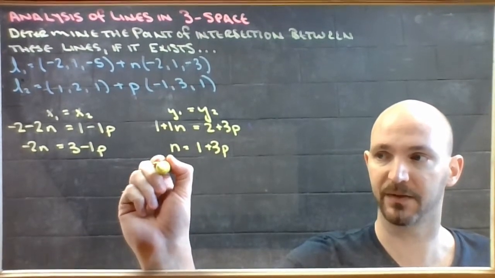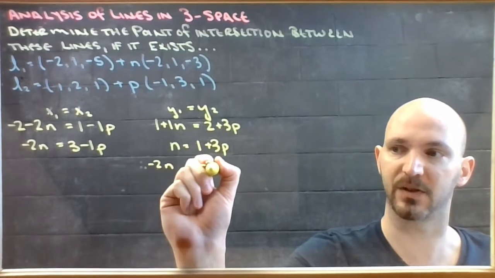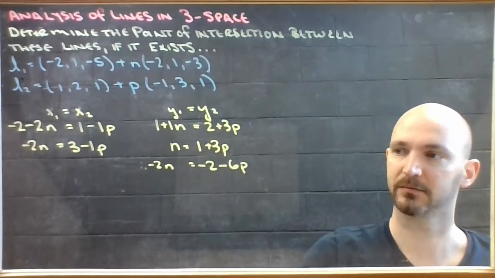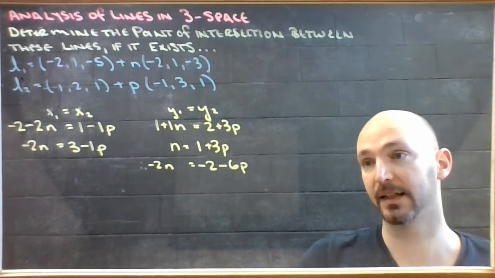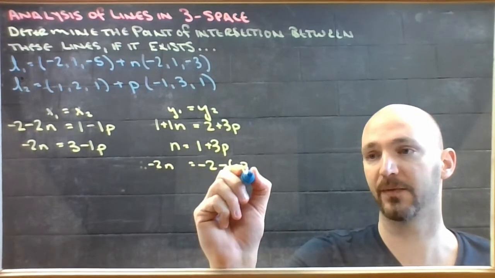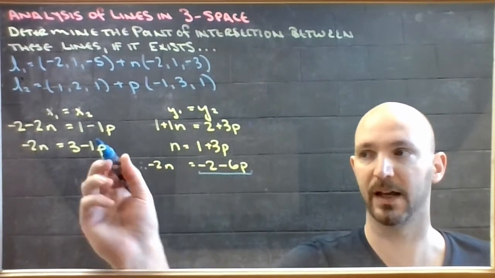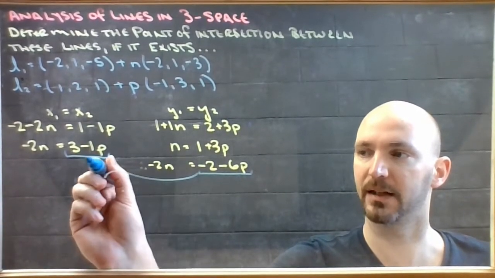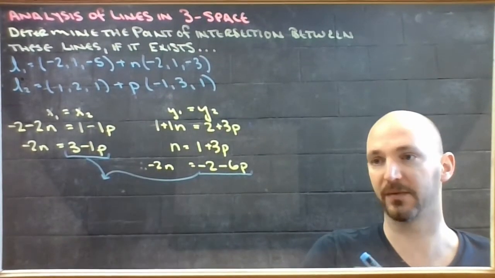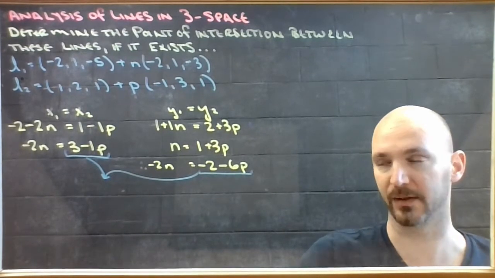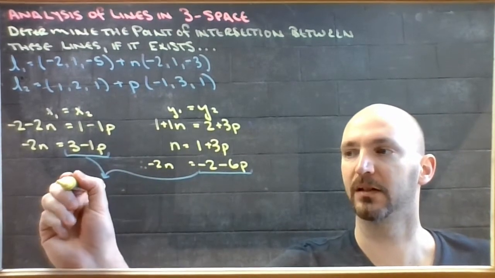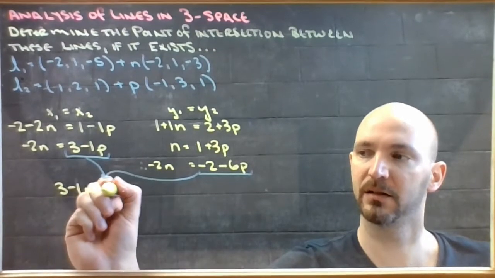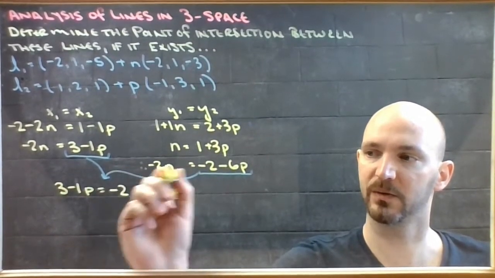So negative 2n would be negative 2 minus 6p's. And like in the last example, if this thing is worth negative 2n's and this thing is worth negative 2n's, then I can equate them to determine the value of p. So 3 minus 1p would be minus 2 minus 6p.